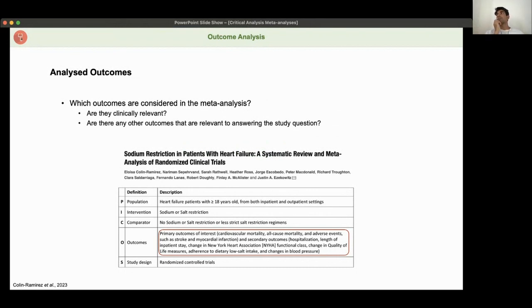For example, a lot of studies will include things like class, for example, class of heart failure, and this study included as well. But does that change in class actually impact the patient? Is it actually clinically relevant? Sometimes yes, sometimes no, if the classes are quite close to each other. And are there any other outcomes relevant to answering the study question?